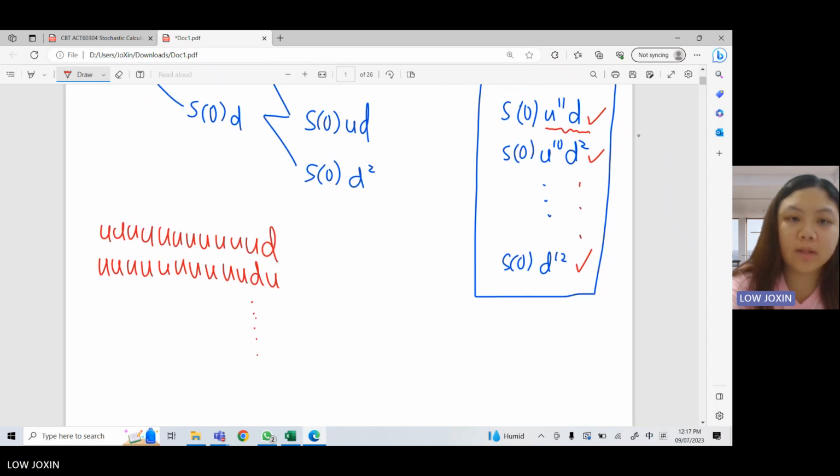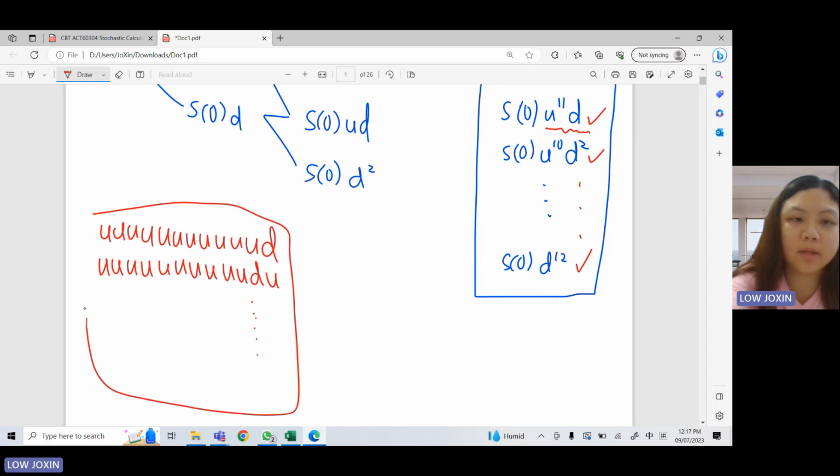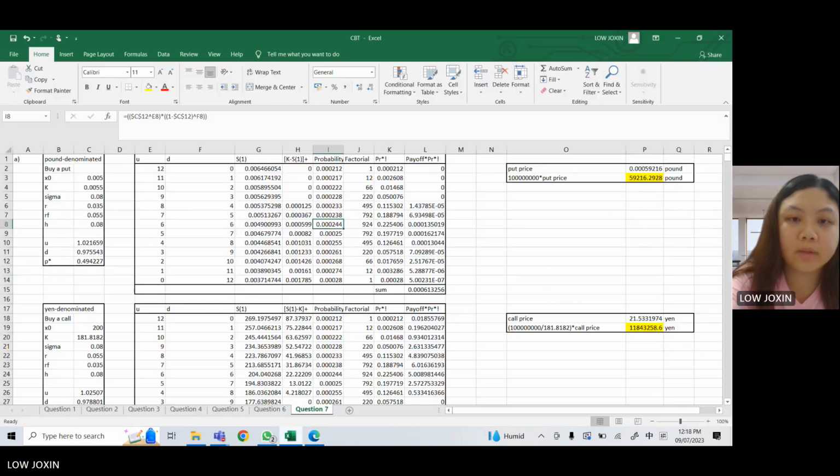So how many possible ways here? Then it will be 12 factorial divided by, there's 11U, so 11 factorial, and 1D, so 1 factorial. So we will get this.